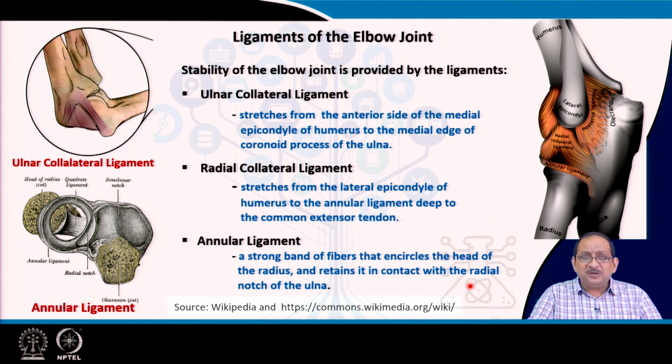The ulnar collateral ligament is also known as medial collateral ligament, and it stretches from the anterior side of the medial epicondyle of the humerus to the medial edge of the coronoid process of the ulna. So, this is a very important ligament of the elbow joint.